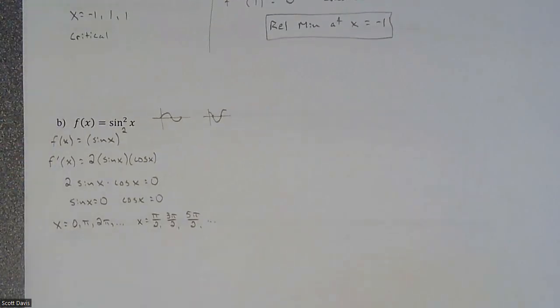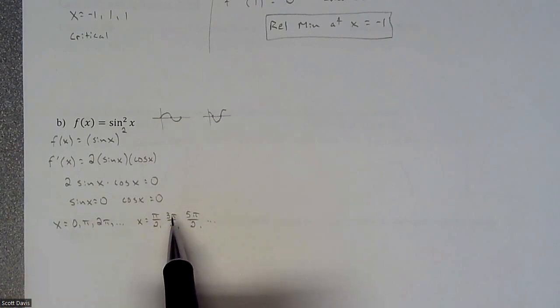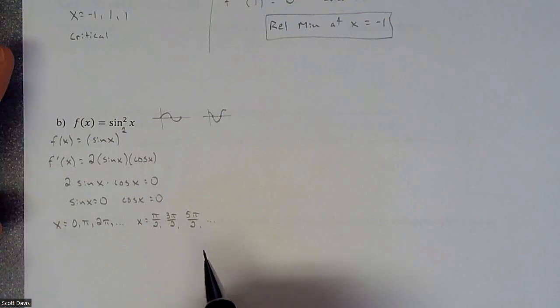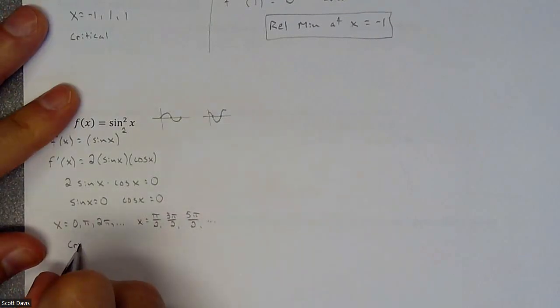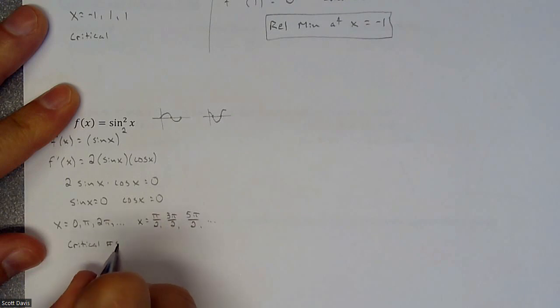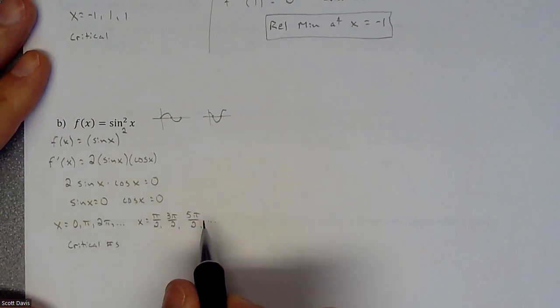All right, so we have this repeating over and over again. Slopes of 0, slopes of 0. Those are our critical numbers. All right, so we don't need to test all these different regions.